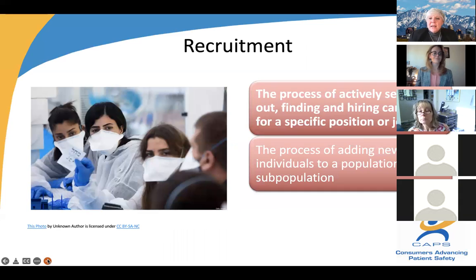The first thing is recruitment, which is the process of basically finding people, right? And hiring candidates for a specific job when you're talking about a job. This is not exactly like a job. It's more a volunteer position, but it's the process of adding new individuals to a population or subpopulation, in this case, your PFAC.